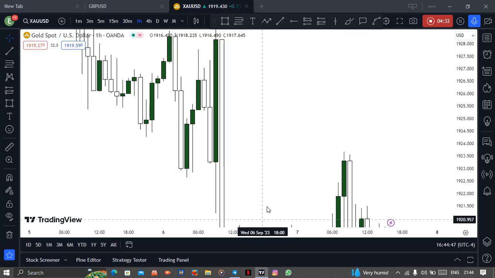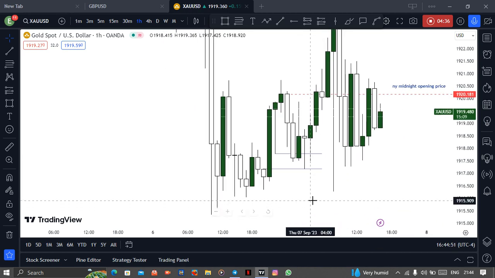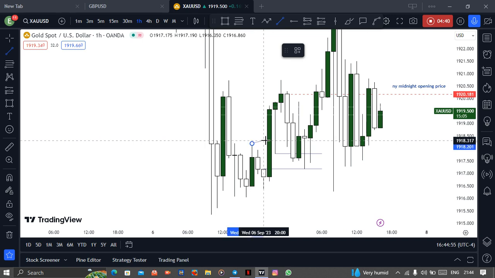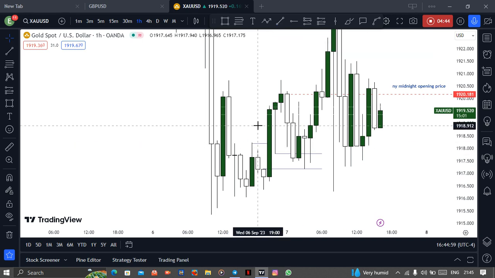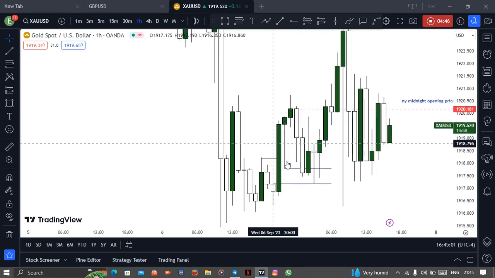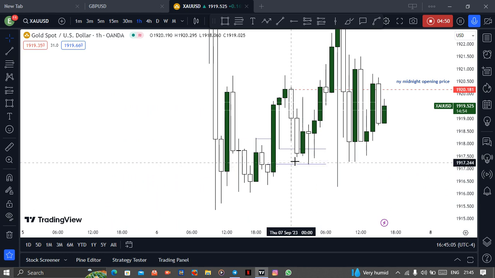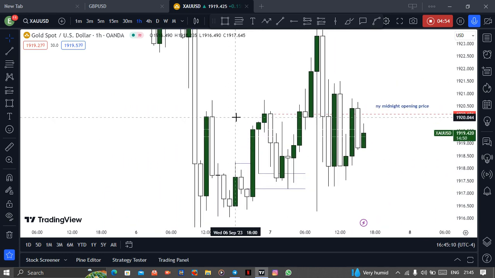So I went to the lower time frame. Though if you look at this time frame, you would see we have a market structure shift. So this is also something to look out for, a market structure shift on the higher time frame. So we had price straight to equilibrium or to discount, plus we have a market structure shift.